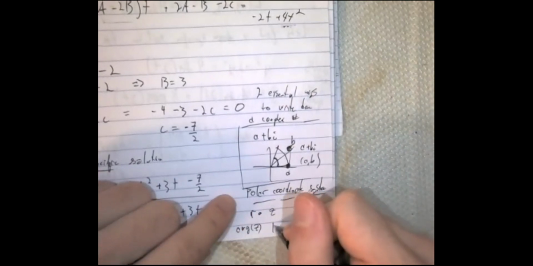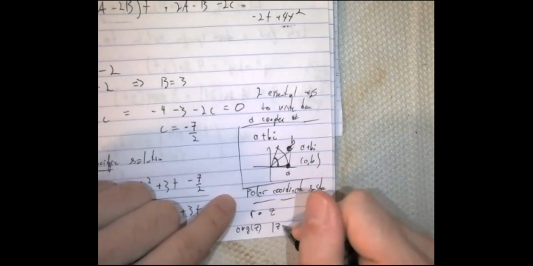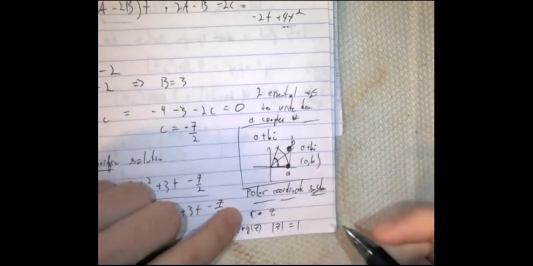So here we would describe complex numbers as r times z, where the argument of z is the angle that z makes with the positive part of the x-axis, and the norm, or the size, of z is equal to 1.